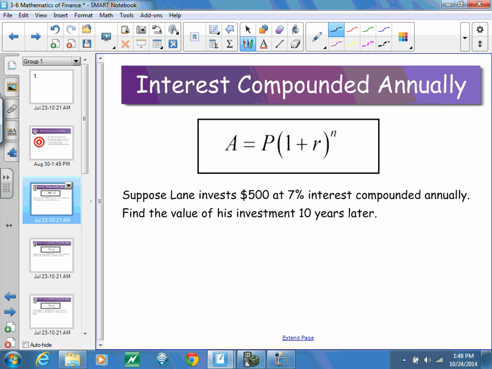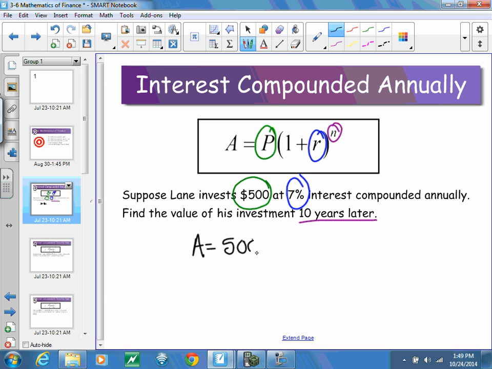So what's happening here is that P value is your principal. That's how much we're starting with. The R is the interest rate, and our N is representing how long the money is going to stay in the account. So here we have Lane who wants to invest $500 at 7%.